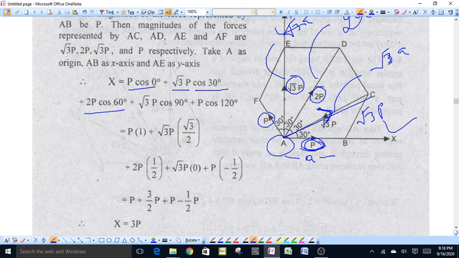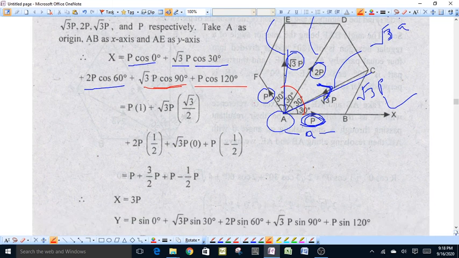The force along AE makes an angle of 90 with the positive direction of the x-axis, therefore its x component will be equal to √3P cos 90. Similarly, the x component of the force along AF will be equal to P cos 120. After simplification, we have x is equal to 3P.